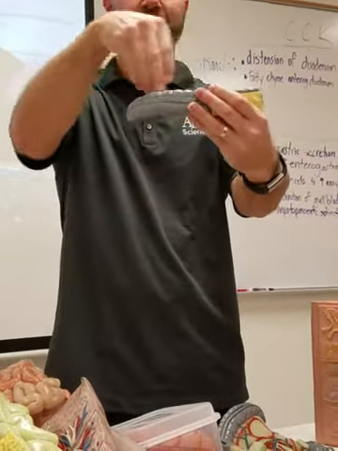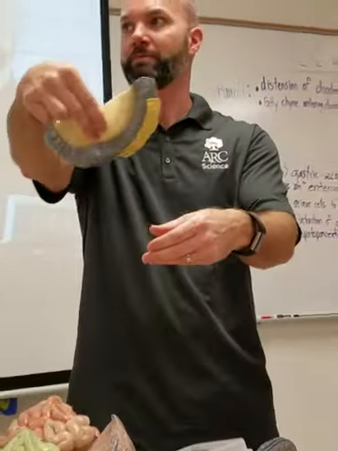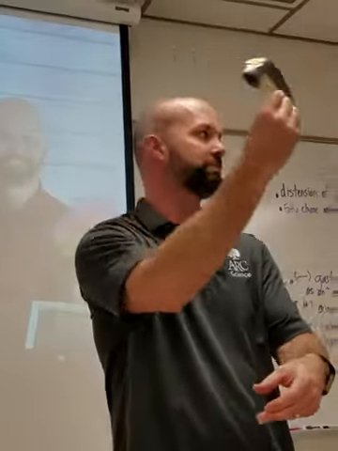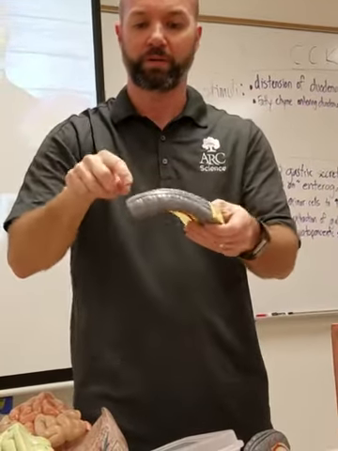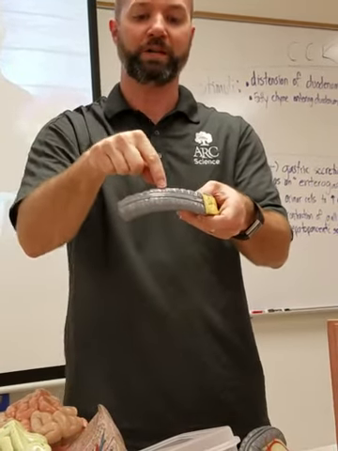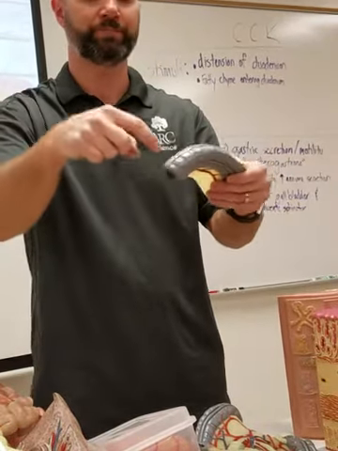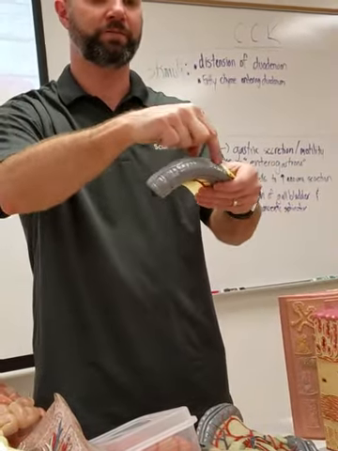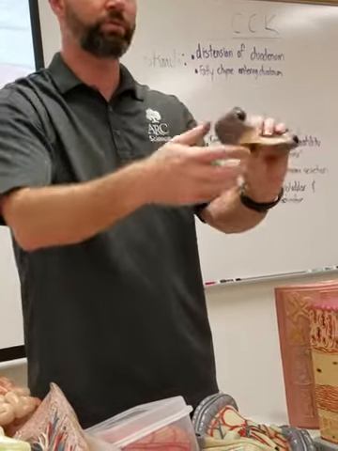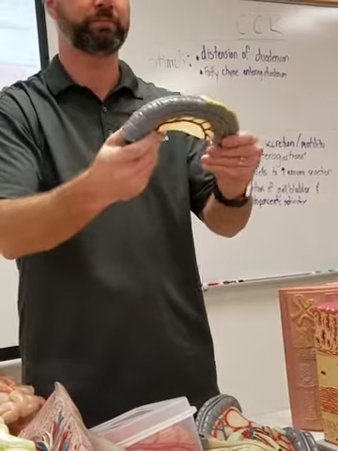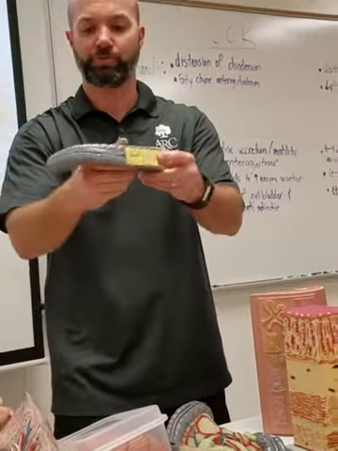It attaches the transverse colon to the dorsal body wall. That's the transverse mesocolon, what I'm holding on to. And then this is greater omentum. And each one of these little pockets is a haustrum, plural haustra. The band going across here, there's one over here, is the taenia coli, which is a band of what? Longitudinal smooth muscle.